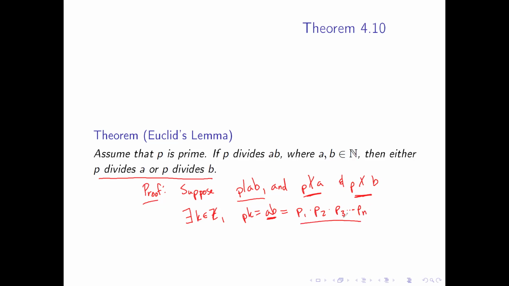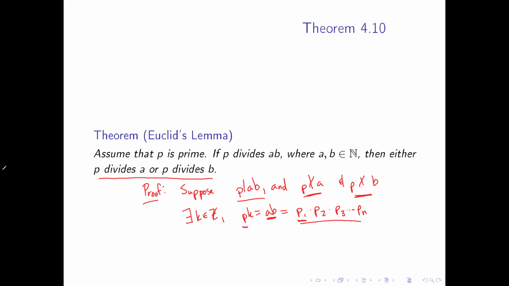These are the prime factorization, so to speak, of it. And this gets us into a problem where now that means that this p either divides one of these p's and so forth. So this is actually a tricky lemma.